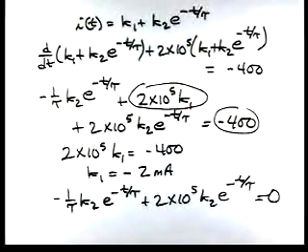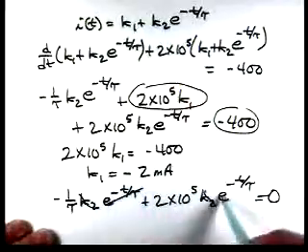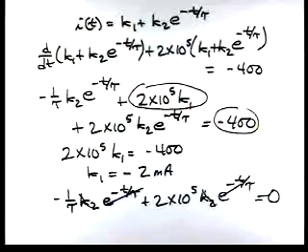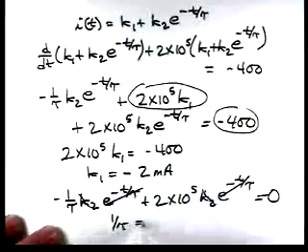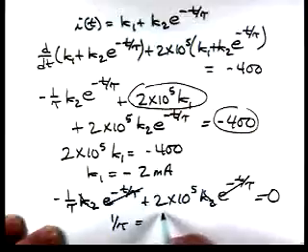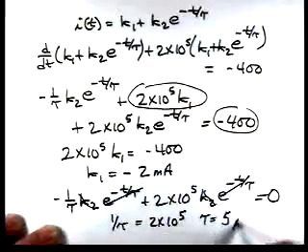The k2 terms cancel out, the exponentials cancel out, and we get 1 over tau is 2 times 10 to the 5th, which gives us that tau is equal to 5 microseconds.